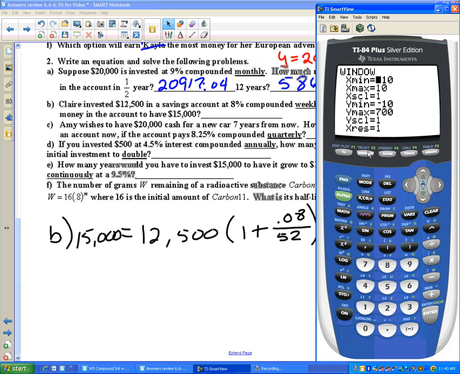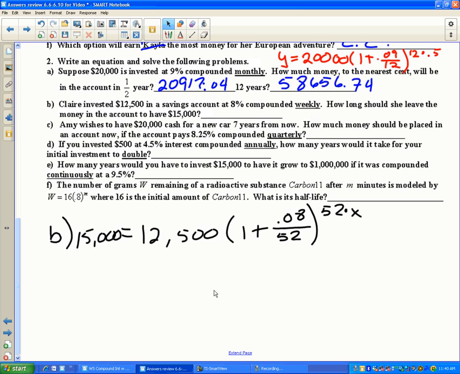So I'm going to change my y max to be 16,000. I'm going to make my x max 25 to see if that's where they cross. If I graph, there's one line, there's the other line. I can see where they cross. Second, trace. Number 5 is intersection. Hit enter 3 times, and I get 2.28. So 2.28 years.